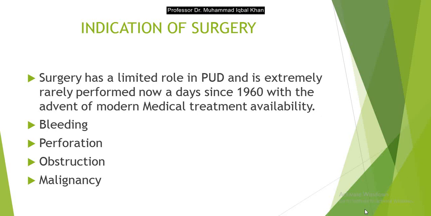But now, the availability of H2 blockers and recently the proton pump inhibitor has changed this surgical therapy for peptic ulcer disease, and now the only indications for surgical therapy are bleeding, perforation, or obstruction, as I told you, a gastric outlet obstruction because of the increased fibrosis at the pylorus and the first part of the duodenum, which leads to complete constriction of the stomach at the pylorus, and that leads to gastric dilatation and gastric outlet obstruction.